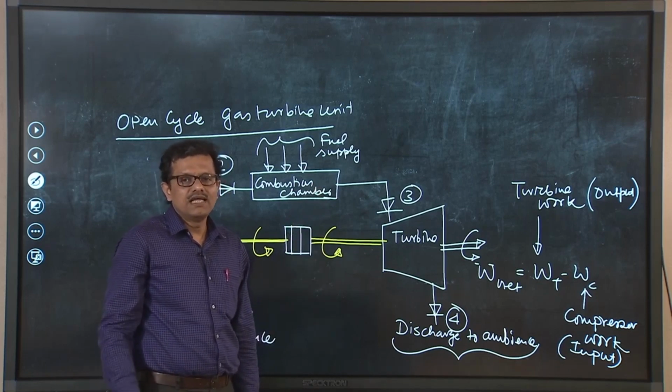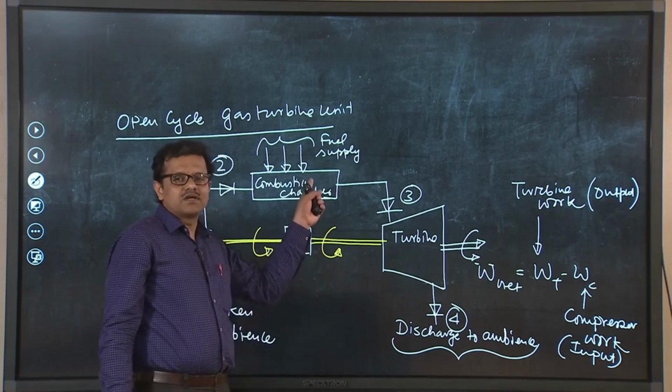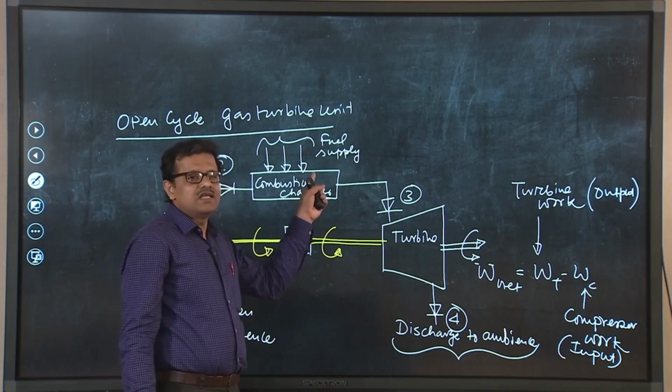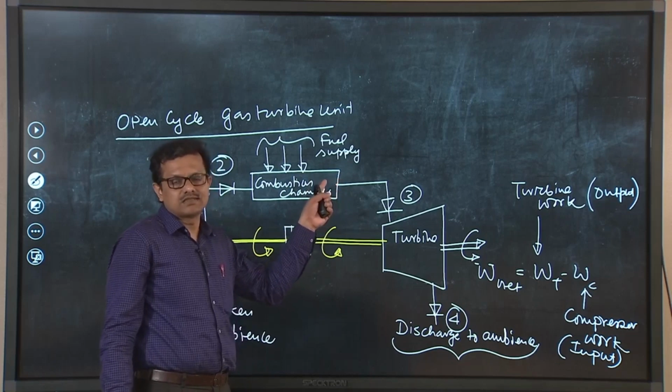So, in the real case, it is because of this combustion, with a reduction of the chemical energy of the fuel, that the enthalpy of the working fluid will be increased.